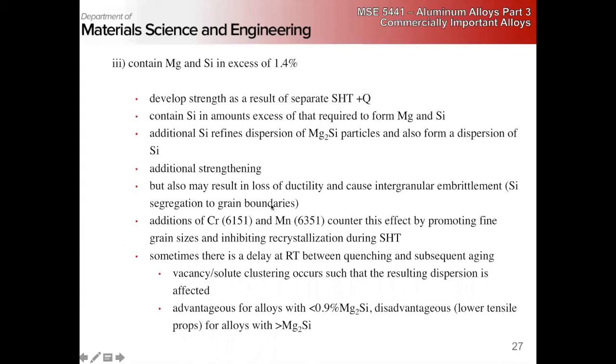We get additional strengthening out of it, but a loss of ductility. The silicon segregates to the grain boundary, causing potential embrittlement.